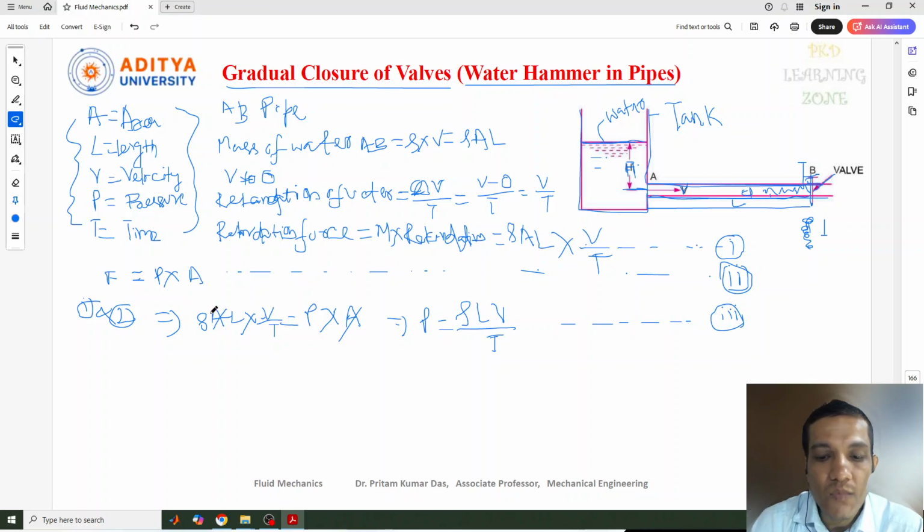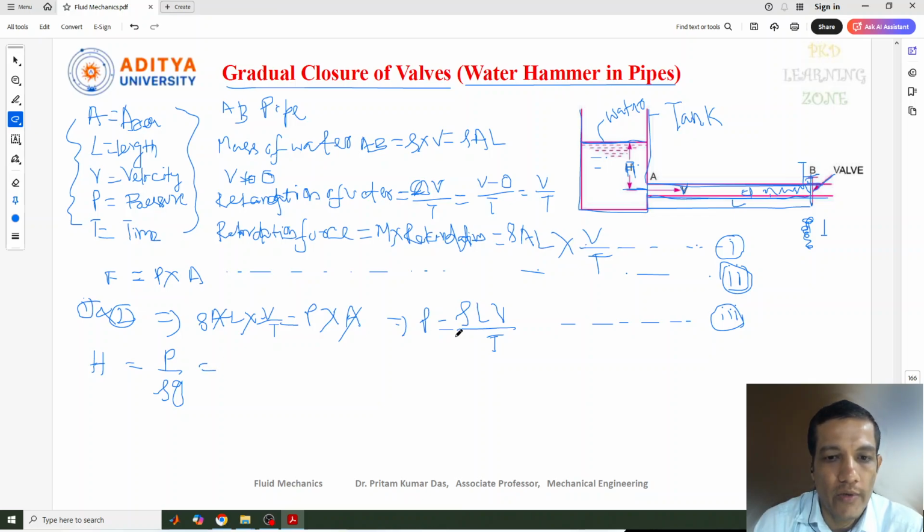Now actually we need to find out the head of pressure. So head of pressure H equals P by rho g. We know this is the formula for the pressure head.